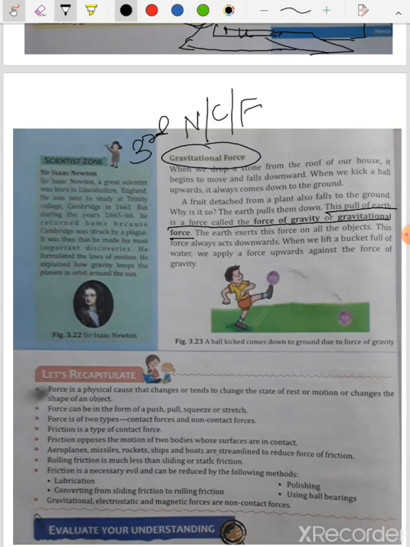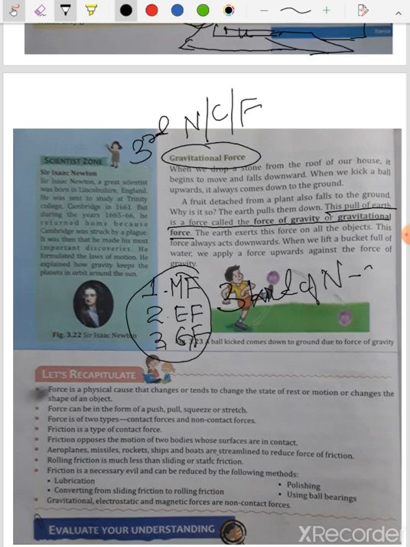called gravitational force. Okay, so today we learned 3 non-contact forces. Number 1 was your magnetic force. Number 2 was your electrostatic force, and number 3 is your gravitational force. So these are the 3 kinds of non-contact force.